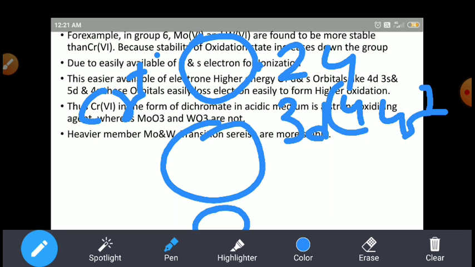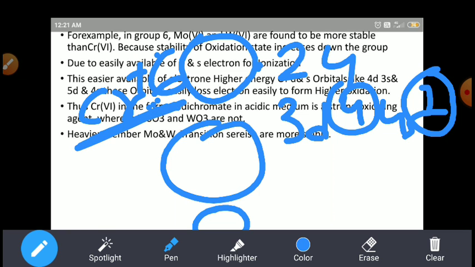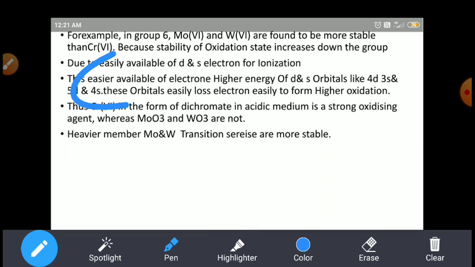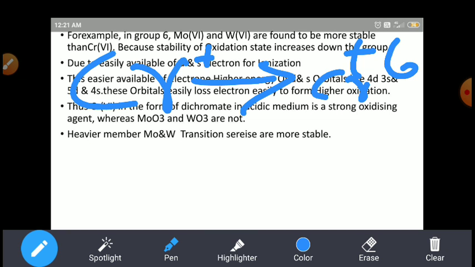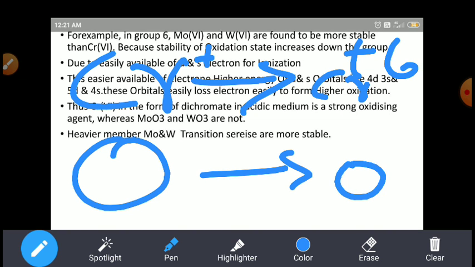When it releases the 6 electrons, the +6 state, the chromium atoms are turned into the chromium ion, the +6 state.